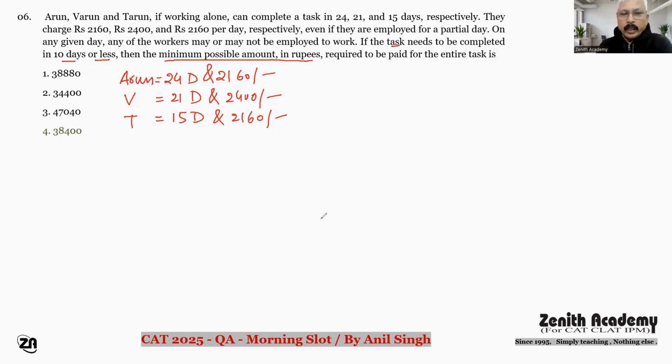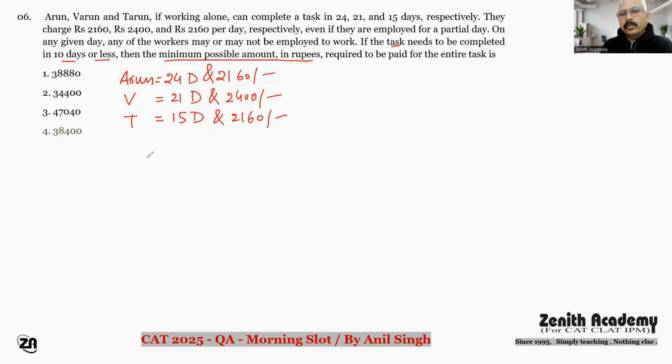So a simple question of time and work chapter. So look here, if I assume a number which can easily be cancelled out by 24, 21 and 15, then our calculations will be easier.